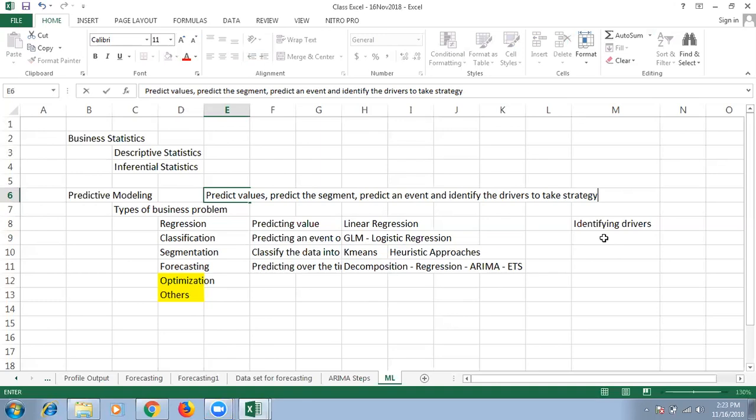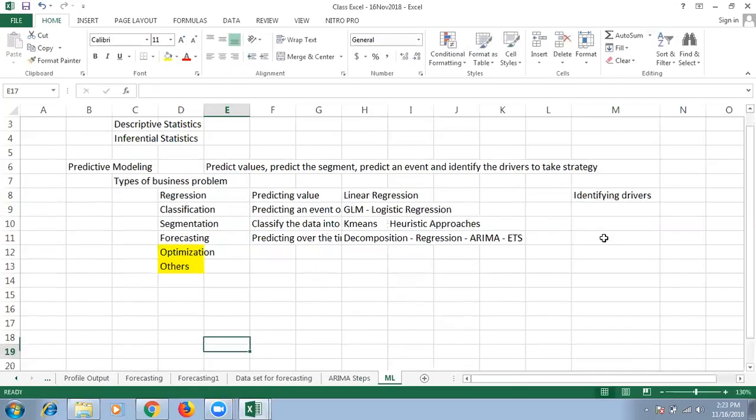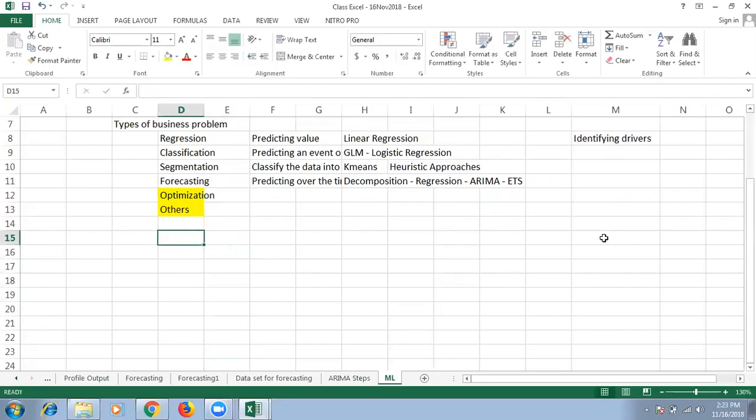Is that correct? So these drivers will help you to define a strategy. Are you clear what I'm trying to say? If you remember, in the very beginning I was explaining the types of business problems. One type of classification is this one.